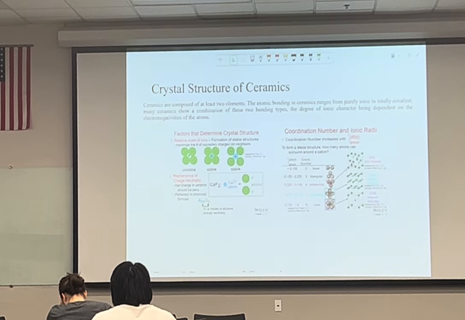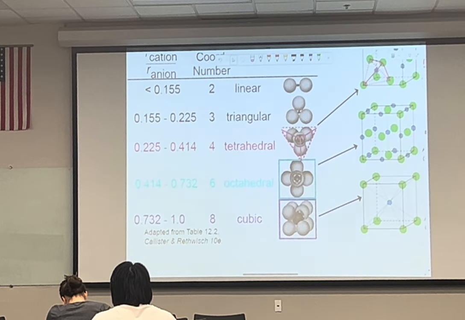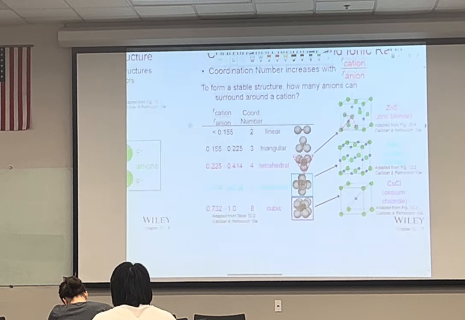For example, in the figures here, in the second row, you can see the coordination number is 3, because in the middle, that black dot is our cation, which has 3 neighboring anions. In the first row, the coordination number is 2.